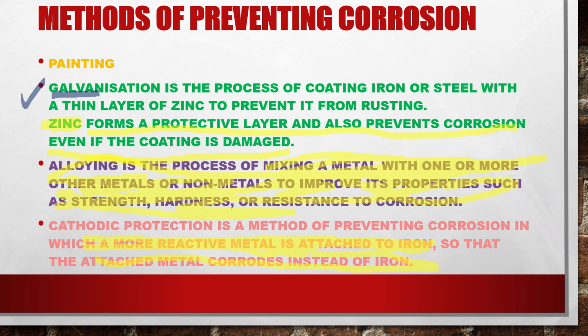So whatever the corrosion is going to be, it is only attacked by that particular metal, not by iron. So iron is safe in that case. Okay, so this is it for methods of preventing corrosion.